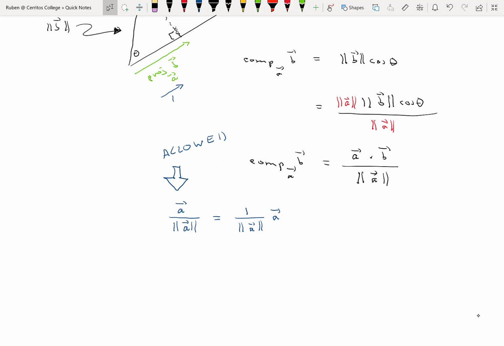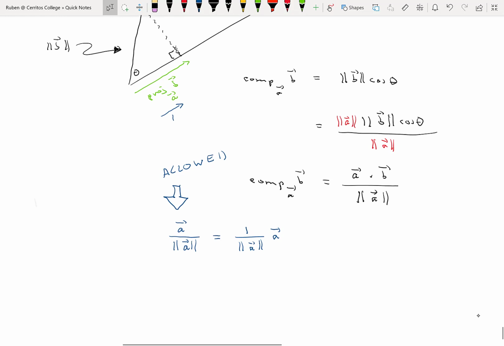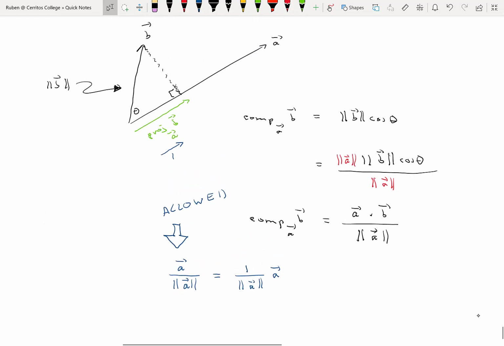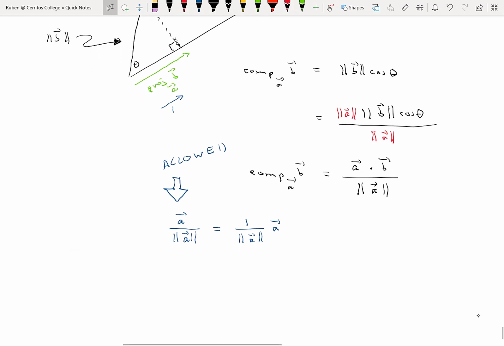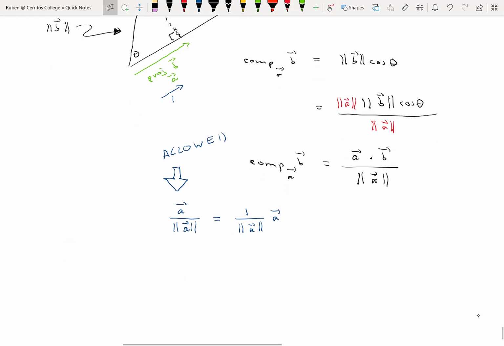And I want to say that again. I took A, and I computed a unit vector in the same direction as A by dividing by its own length. Now I want to take that length 1 vector, that unit vector, and stretch it out to the length of the projection of B in the direction of A. So I'm going to do that right now. So the projection of B in the direction of A should be, well, I'm going to take that unit vector and stretch it out by the value of the component.